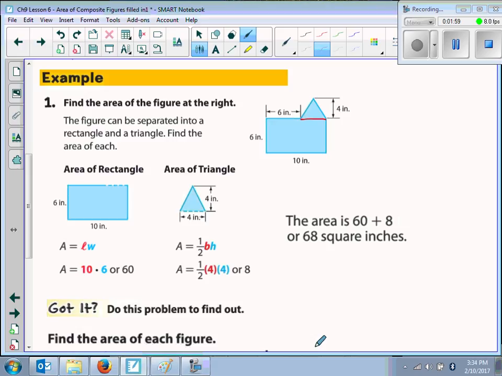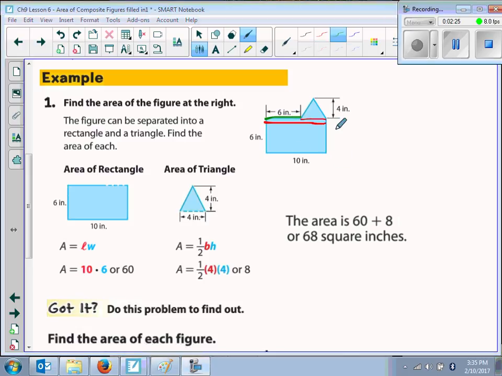Now, when you do that, you also have to figure out the dimensions. So we've got the dimensions of the rectangle, the length and the width, but then up here we have the height of the triangle, but we also need the base of the triangle.